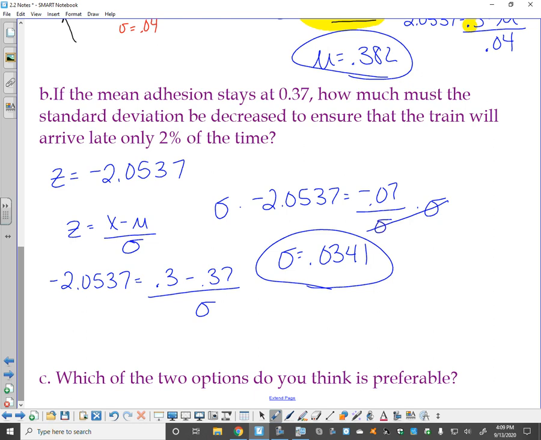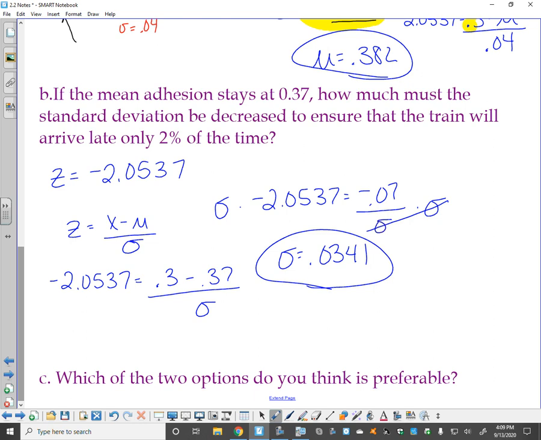If I up my mu from a 0.37, which is what it is now, to a 0.382, my average, then it'll fix the arriving early or late too often. But that makes the train faster overall, because remember, that's what you're measuring, the adhesion. If I make it faster, then it'll help me not be late, but it will make me arrive early more often because it shifts everything up.